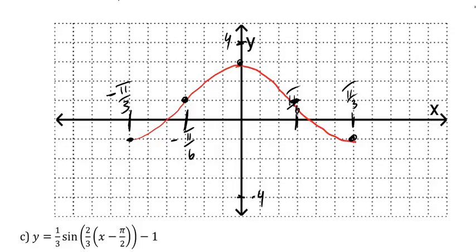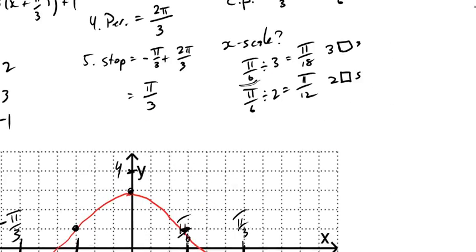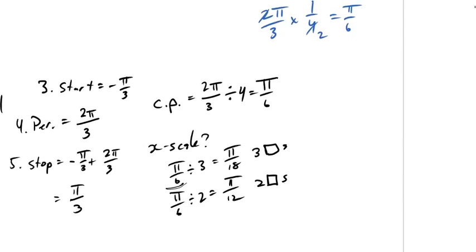So make sure you divide your period by 4. If you have to convert these things into degrees, maybe just do that. What is pi by 18 as a degree? 10 degrees.